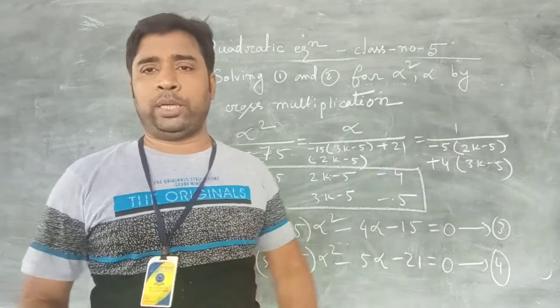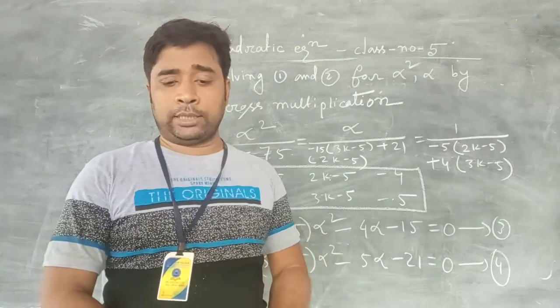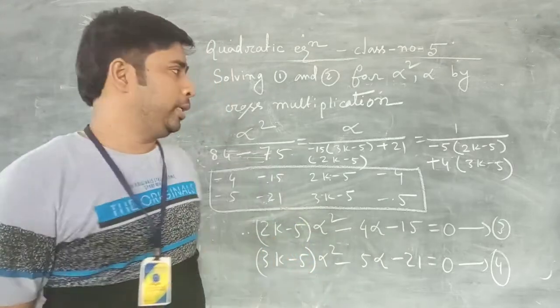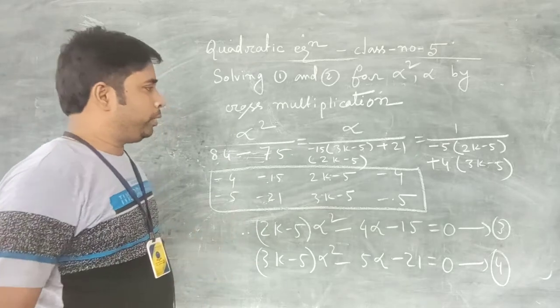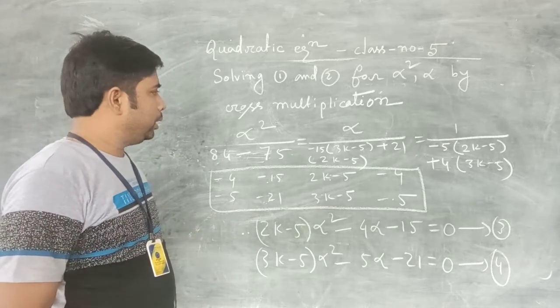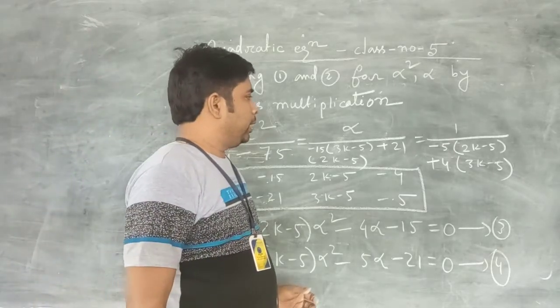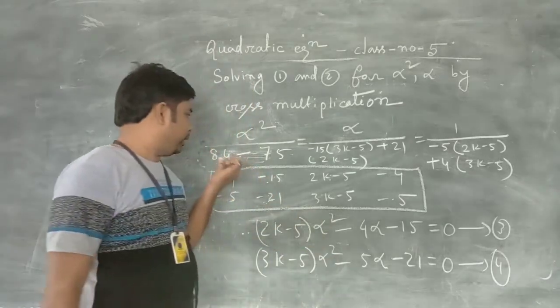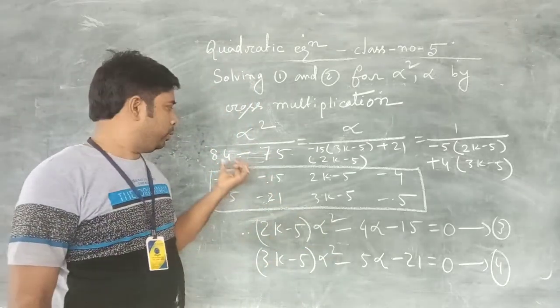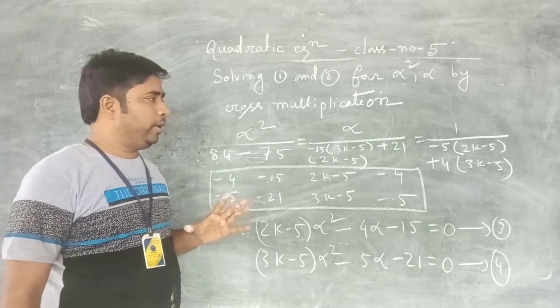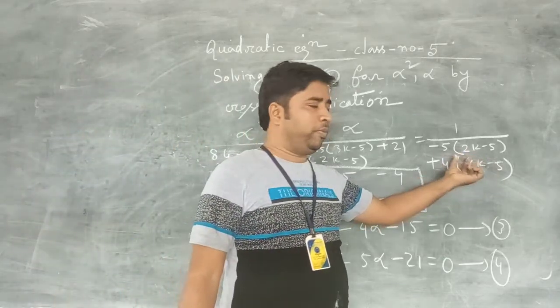Okay, so this is the cross multiplication method you have got in class 8. Now you see what we shall get from here. We shall consider that it is how much? 84 minus 75. So 84 minus 75 is 11, and this part is simplified.